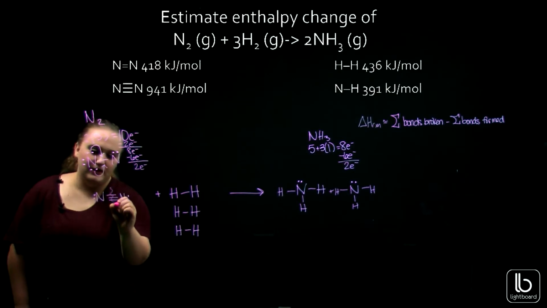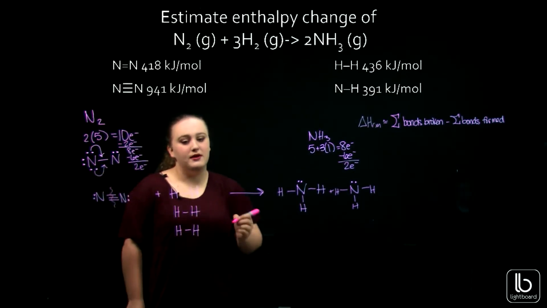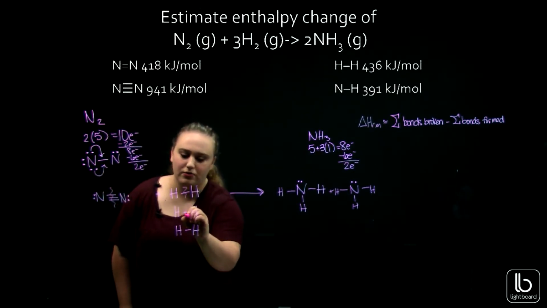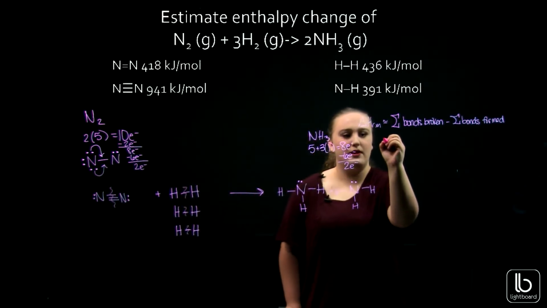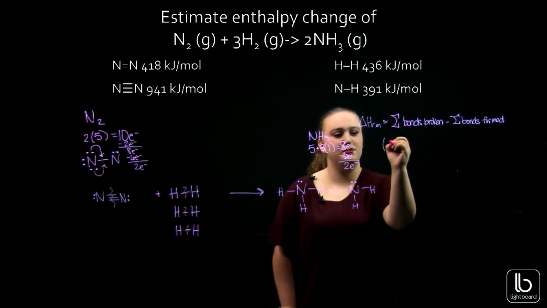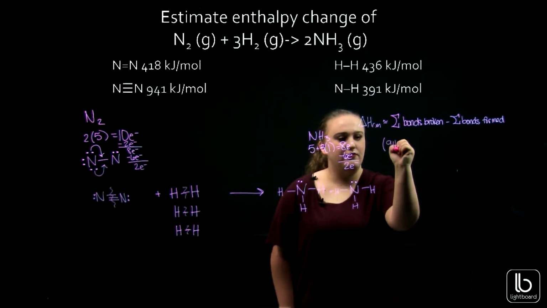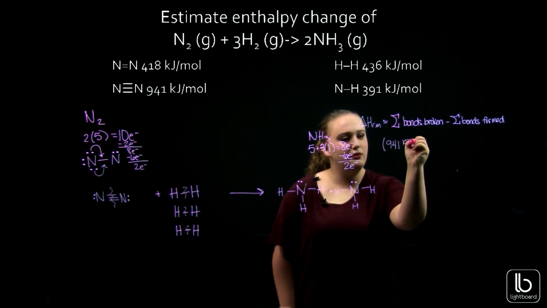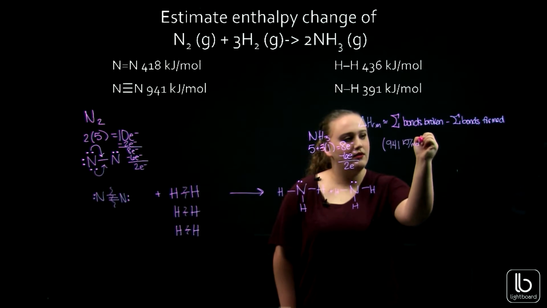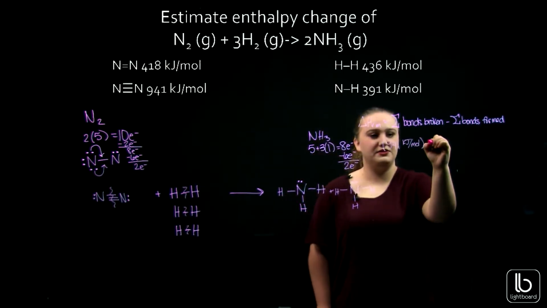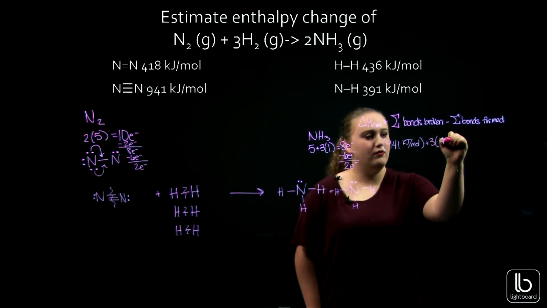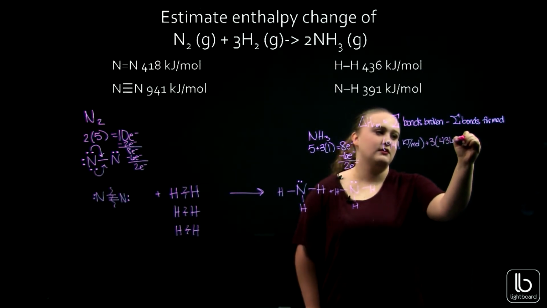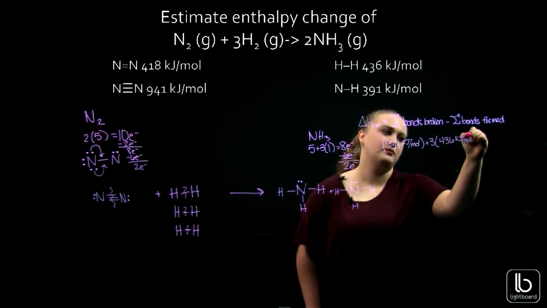So I'm going to break this nitrogen-nitrogen triple bond, and I'm going to have to break 3 hydrogen-hydrogen single bonds. So in our bonds broken, my nitrogen-nitrogen triple bond is 941 kilojoules per mole. And my 3 hydrogen single bonds are going to be 436 kilojoules per mole.